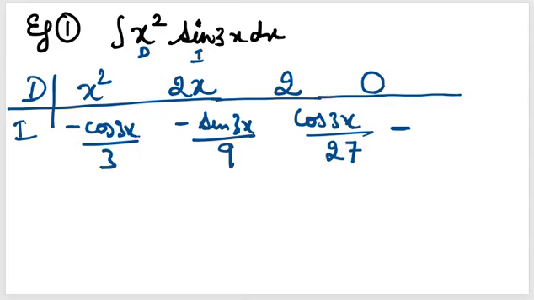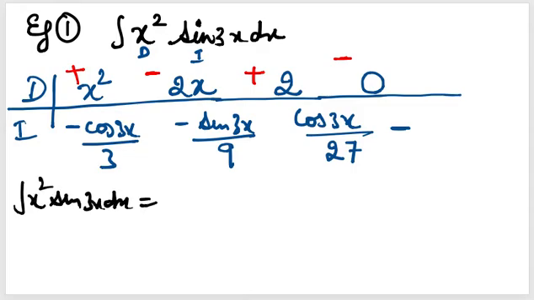Why? We are multiplying the corresponding terms. So you remember this term multiplication is positive, this is negative, this is positive, this is negative. So the final step I am going to write with you, that integration of x square sine 3x dx is equal to, let us write down the multiplication with plus.